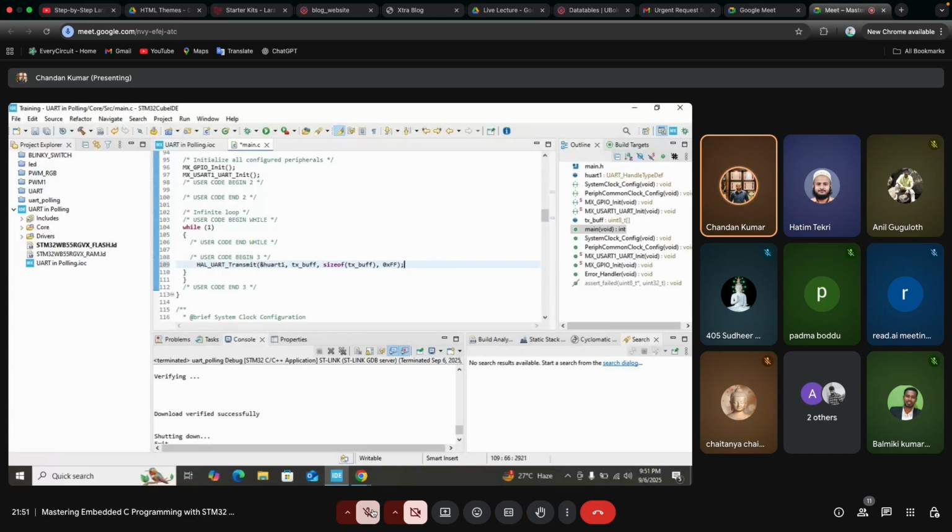What is 0xFF, Chandan? It's the maximum value. You can search its value. Do you know something like hexa value, decimal value?